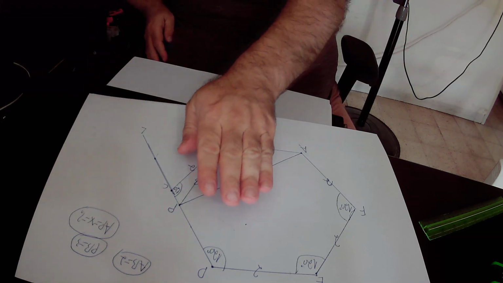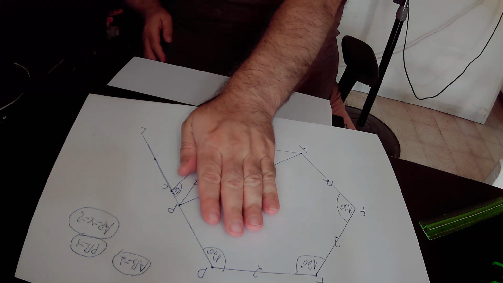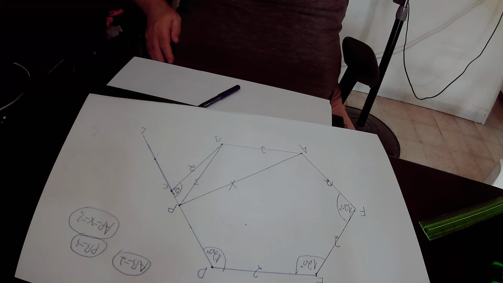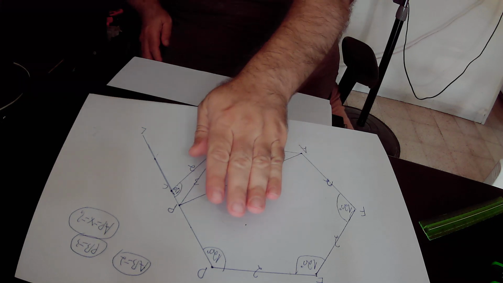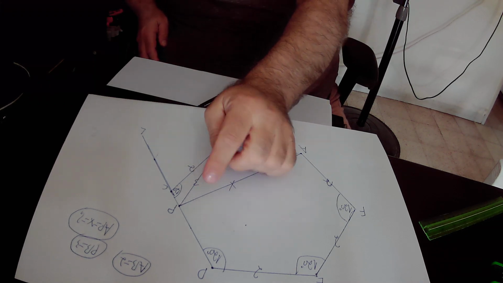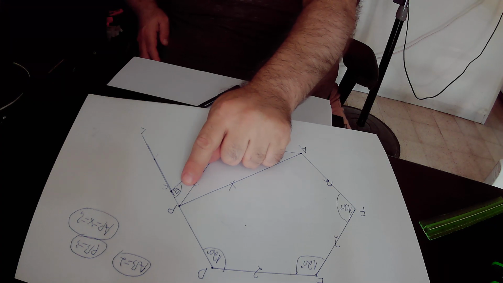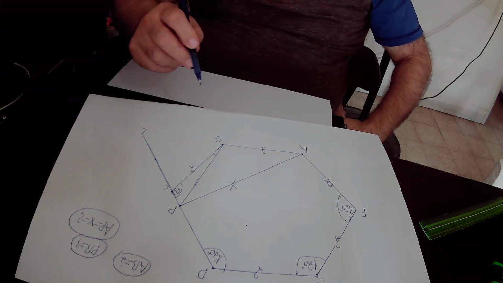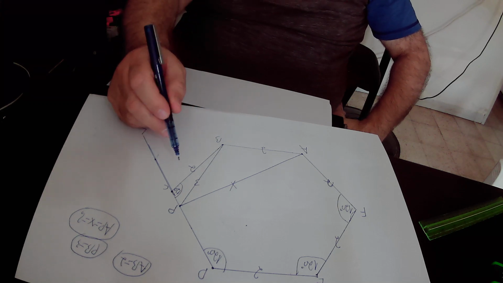So if we focus on this side of the straight line DL at point C, according to rule number 1, the sum of the angles at this side of DL at point C must be equal to 180 degrees. So which angles do we have at this side of DL at point C? We have this angle that is equal to 120 degrees, plus the missing angle, actually angle BCL, the missing angle.